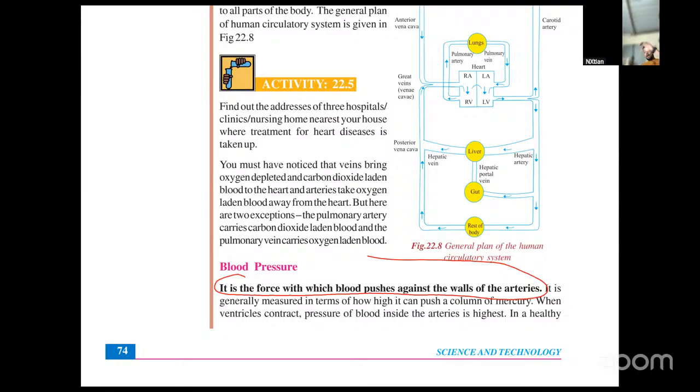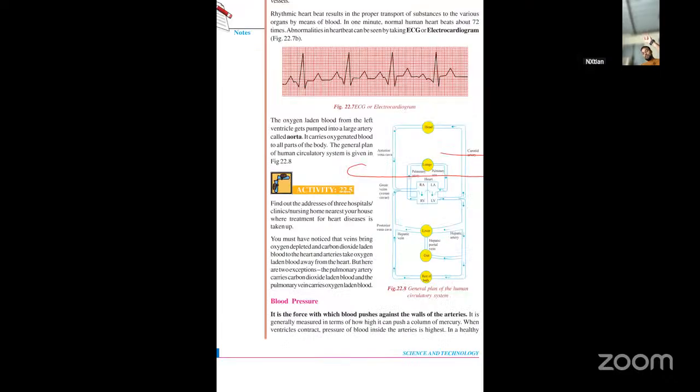See, guys, the heart does pumping, contraction and relaxation. When it contracts, the blood moves in the artery. When it relaxes, the blood moves in the vein. So contraction gives more pressure on the walls of the artery.